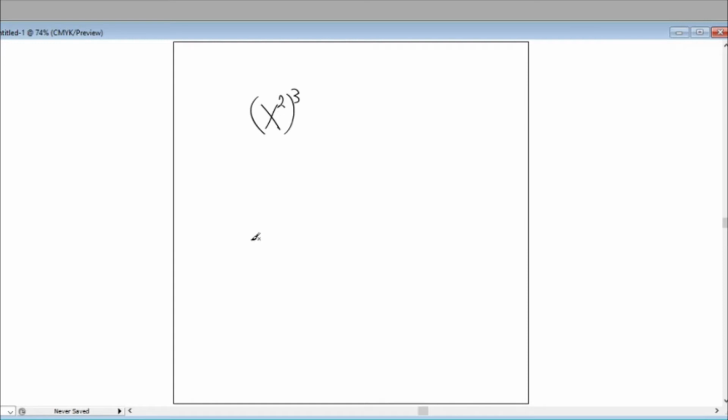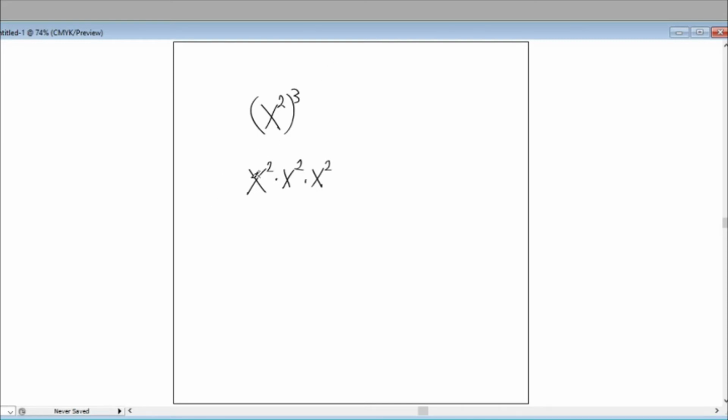So let's think about this real quick. At the beginning of lecture today, we said that when we take something to a power, it's like multiplying this thing by itself this many times. Well, that would mean that we have x squared times x squared times x squared.